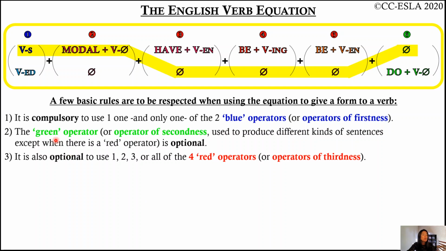So let's take examples. Let's say I want to make a sentence with the present tense and modal plus V0. None of the other red operators, and obviously since I have a red one here, I can't use the green one. Okay, so to remember what modals are, maybe you could pause the video and write an exhaustive list of modals in English before you have a look at this one.